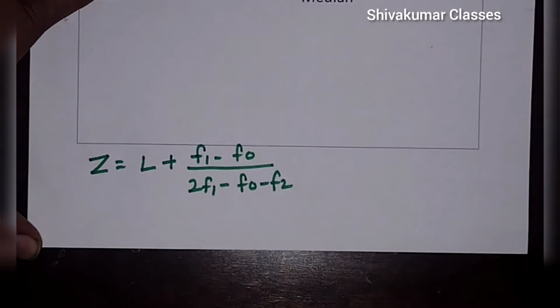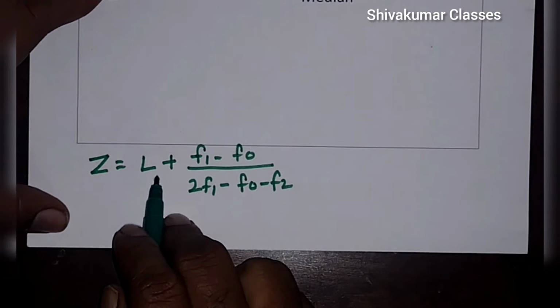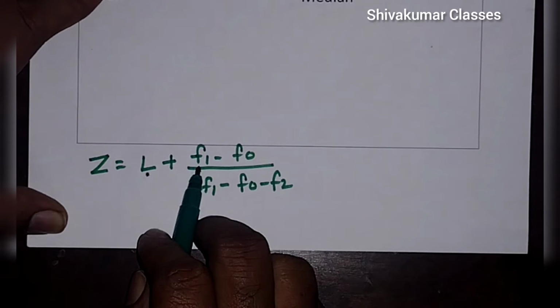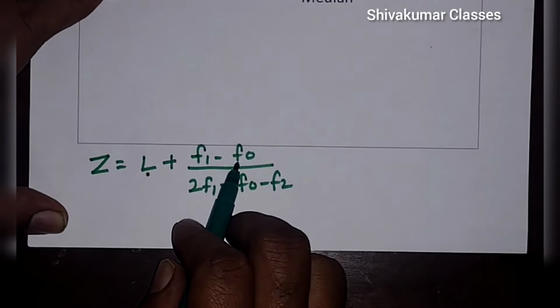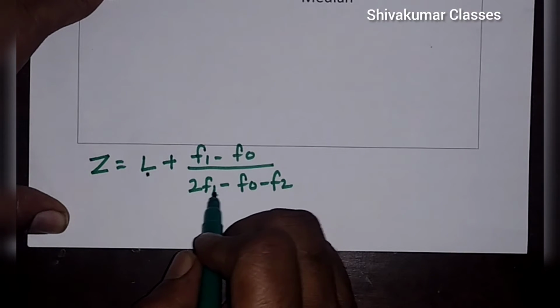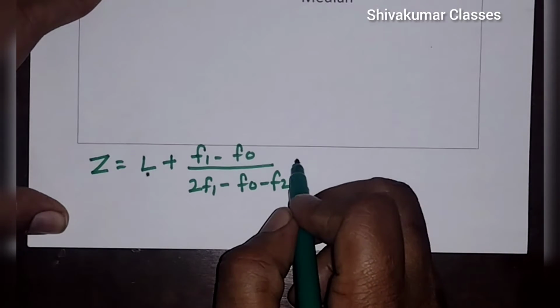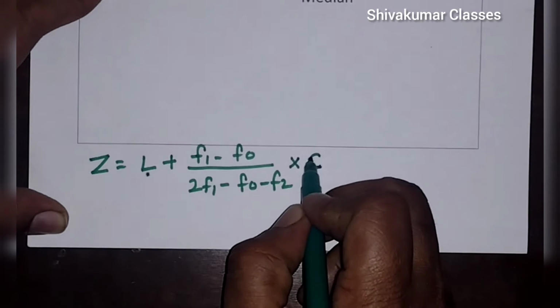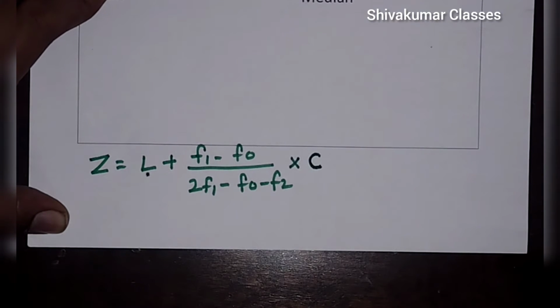What it means is that L is the lower limit, F1 is the highest frequency, F0 is the lowest frequency, and this has to be multiplied with the width of the class or size of the class. Some authors follow this as I.